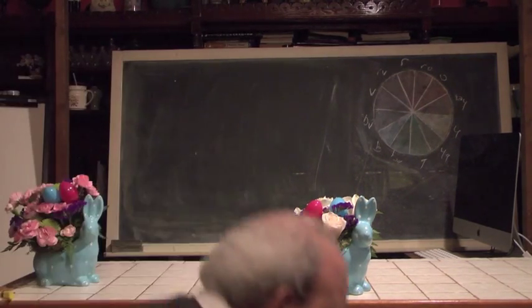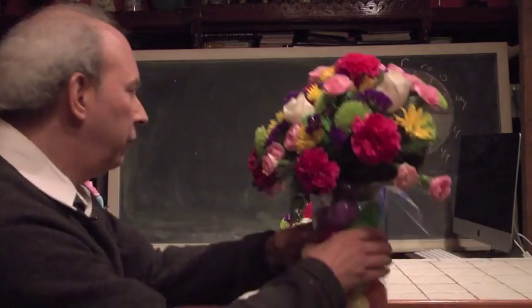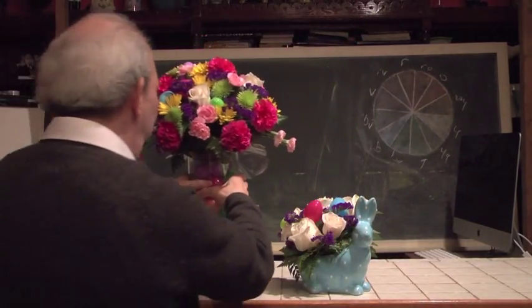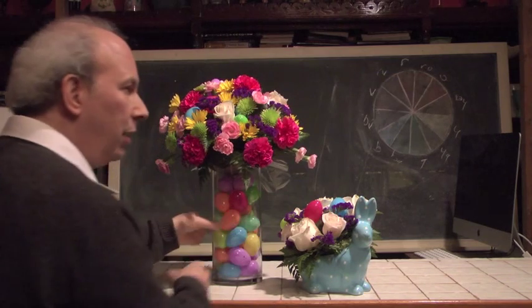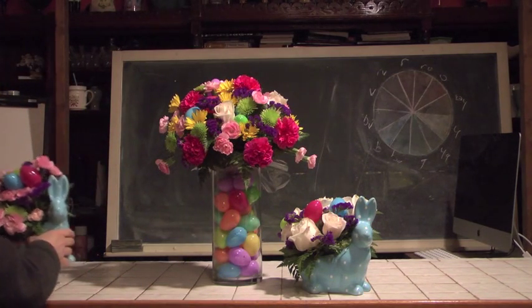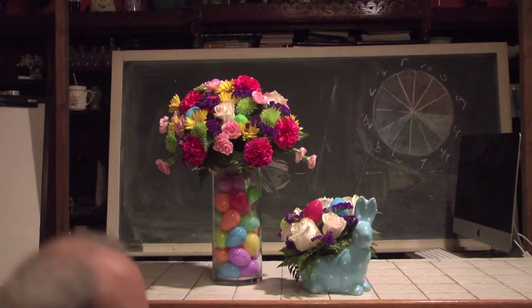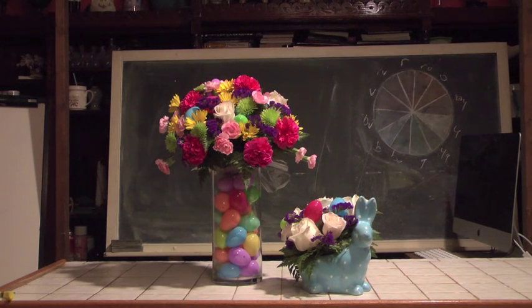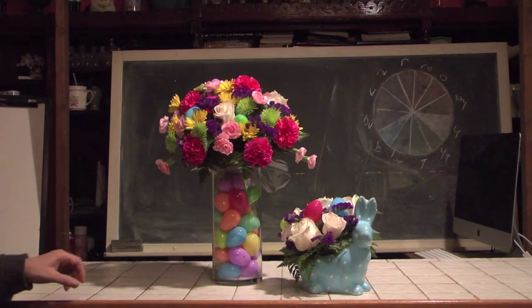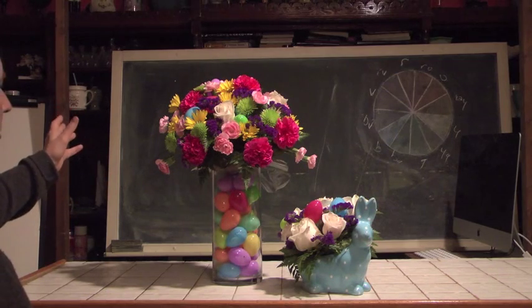For example, playing with the theme of rejuvenation and the renewal of nature, here is another arrangement. It is very, very pretty. It's built on a column, as you can see. And you've got here a combination of things.